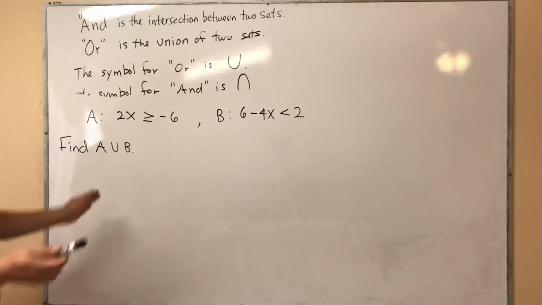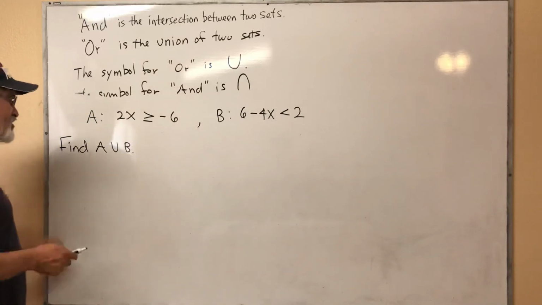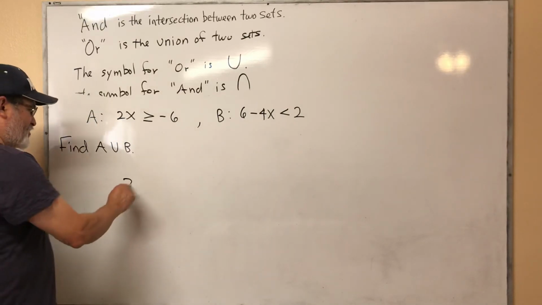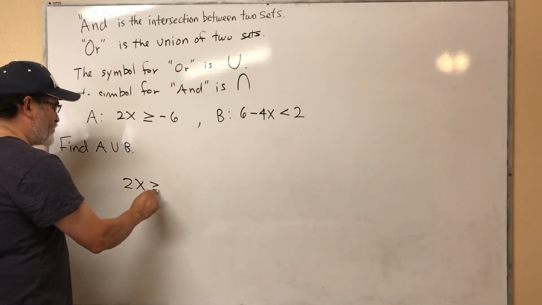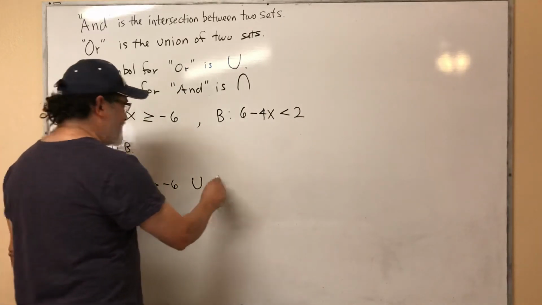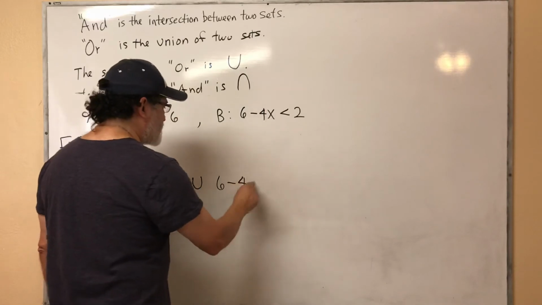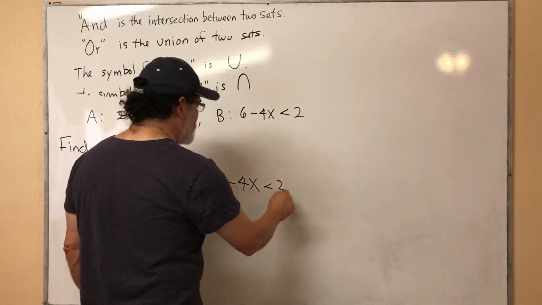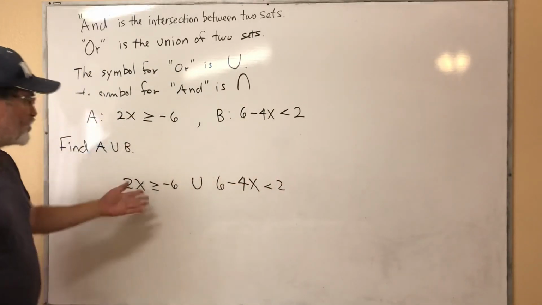The book is going to ask you this question like this: 2x greater than or equal to -6 union 6 minus 4x less than 2. So those two are the same.